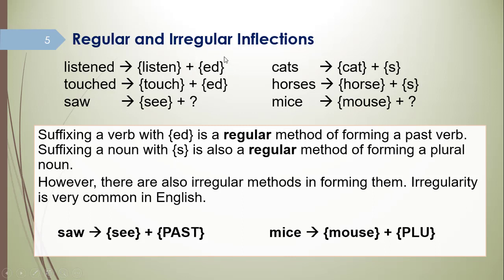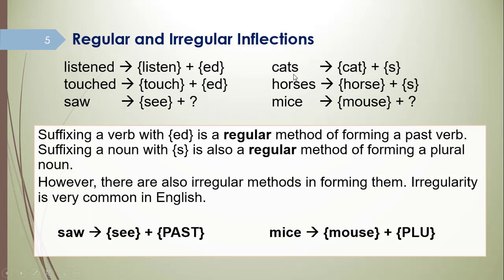This is the past morpheme, and then touched, touch and ed. This is also the past morpheme. But how about saw? Can we break it down to be see plus ed? It is kind of abnormal, right?